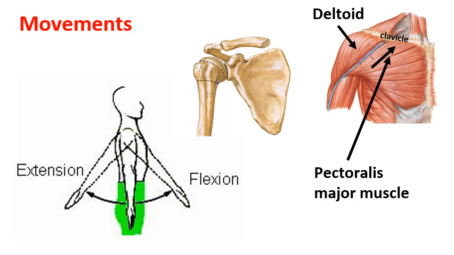Also, there is another muscle called the pectoralis major muscle. This muscle is also inserted into the humerus, and the clavicular fibers pass in front of the shoulder joint. When these fibers contract, they will pull the humerus forwards to cause flexion of the shoulder joint.